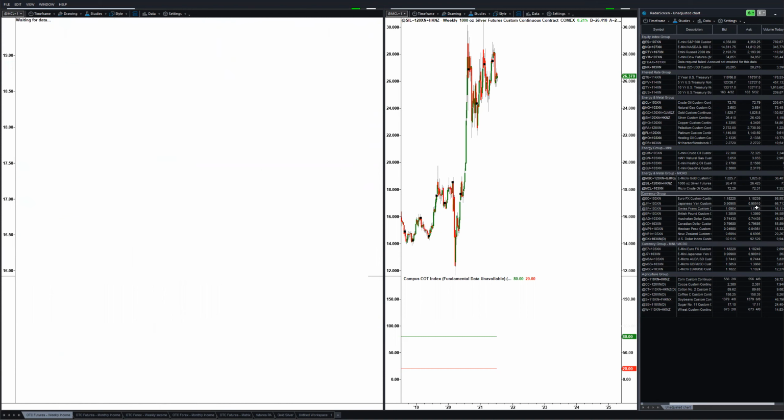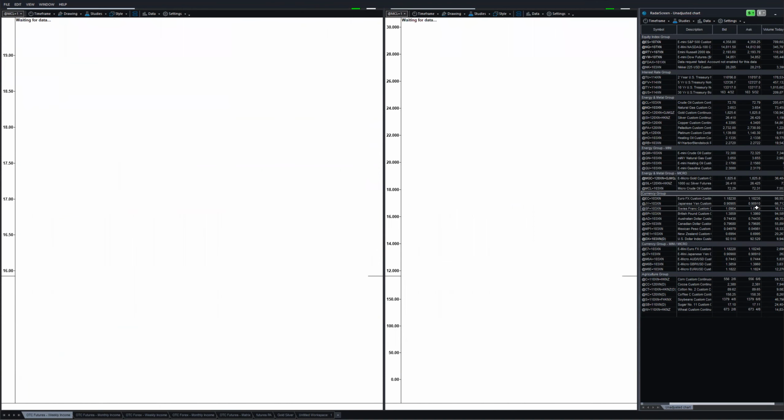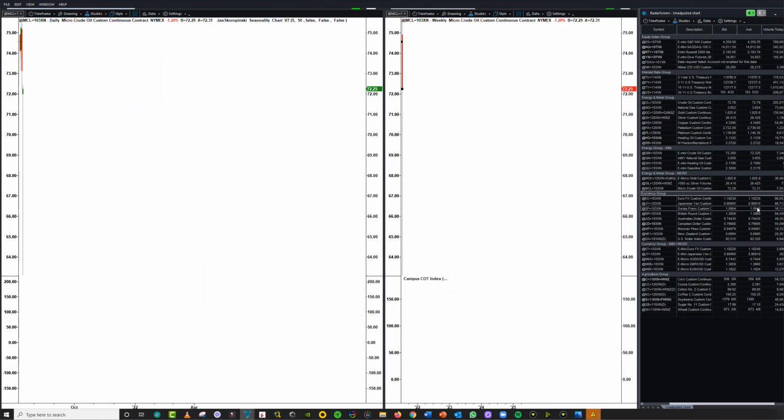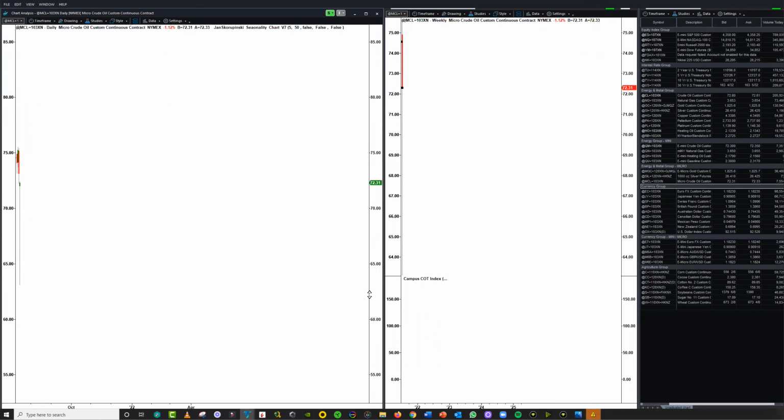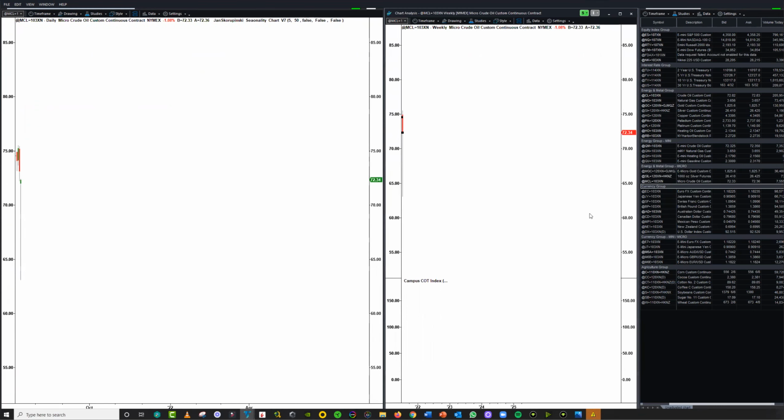Now, what is this one doing? You see. Now, there's no data on the chart. Now, that makes it, of course, difficult.